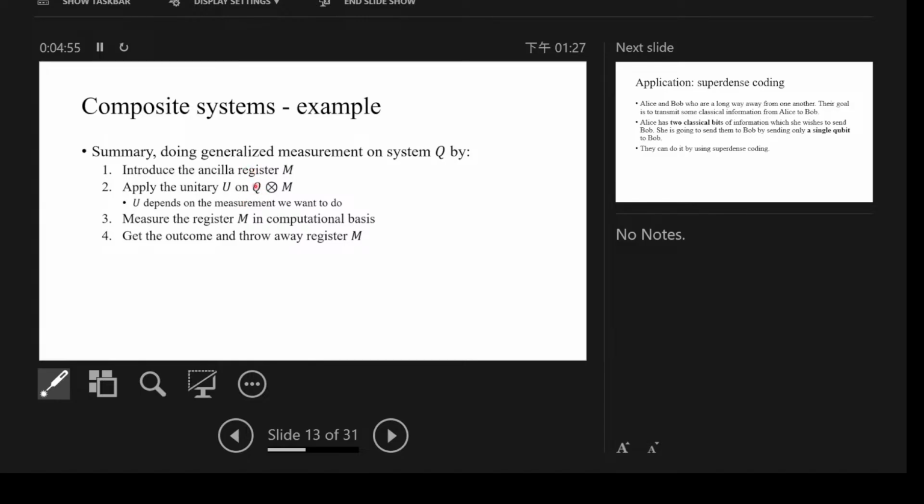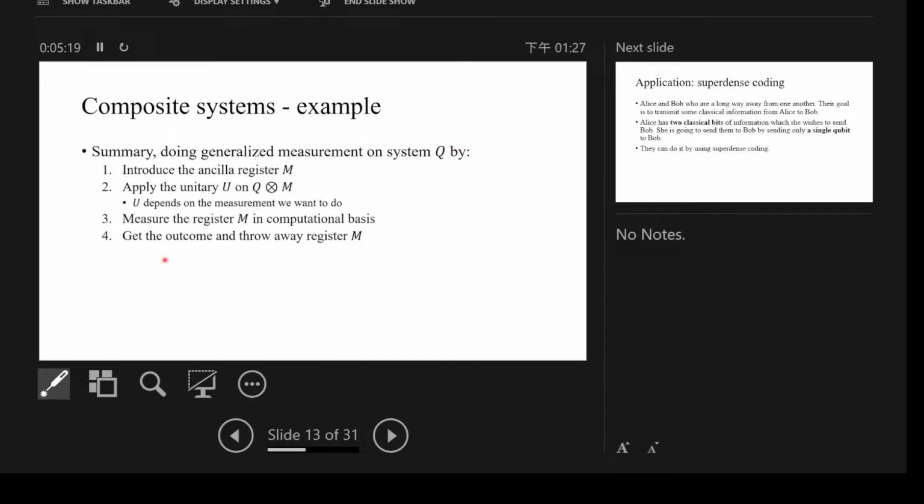I guess the correct way to say this is an entangling unitary. So the entangling unitary applies on both Q and M, and then you measure M in the computational basis. Then you get the outcome m, but you only want to see what happened on Q, so you just throw away register M.